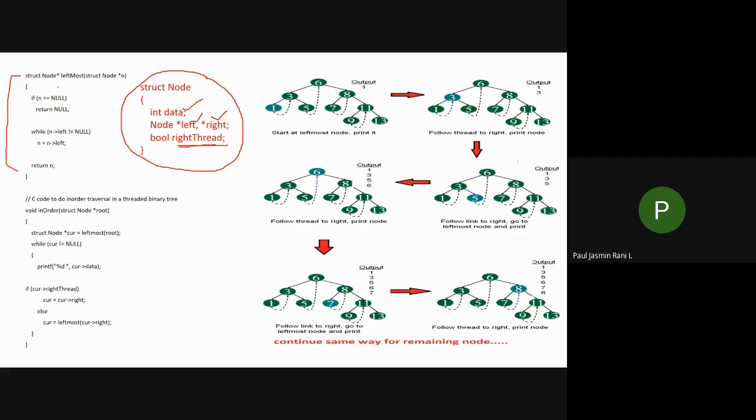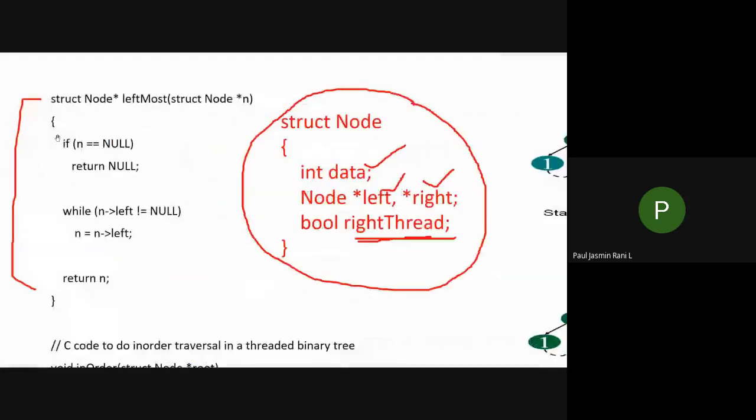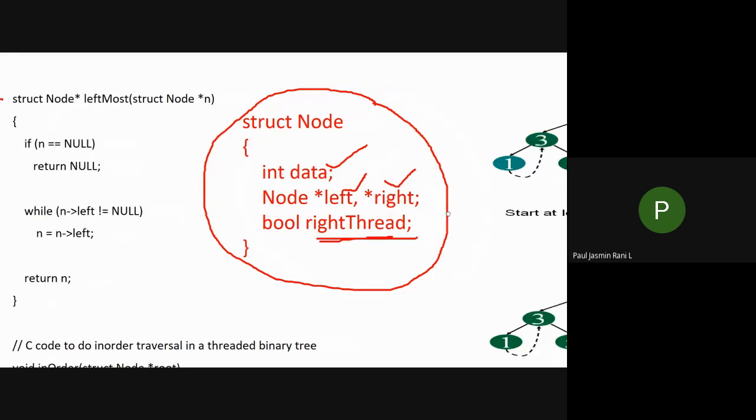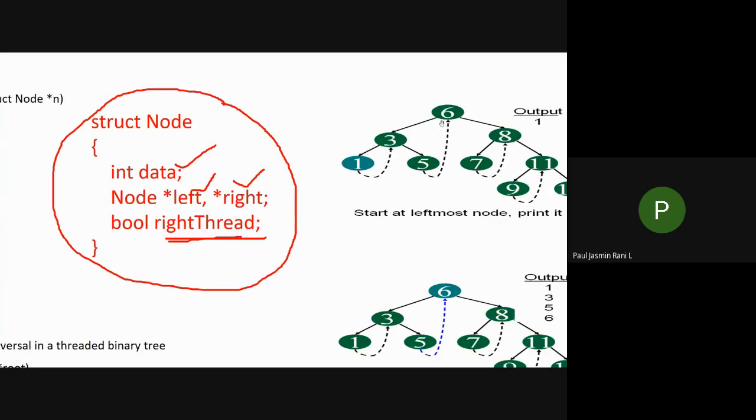This part is used to go left until you reach null, because this is one way of traversal, that is a right threaded binary tree. So you have to traverse along your left side.